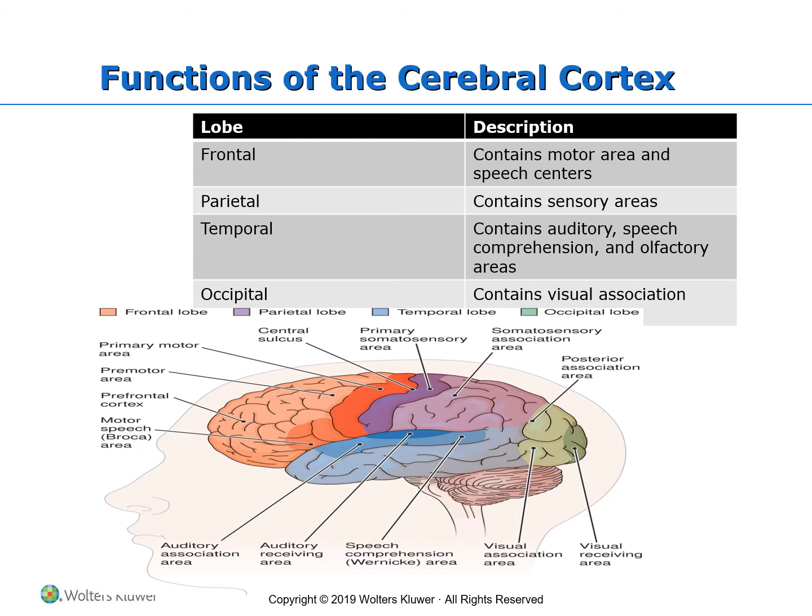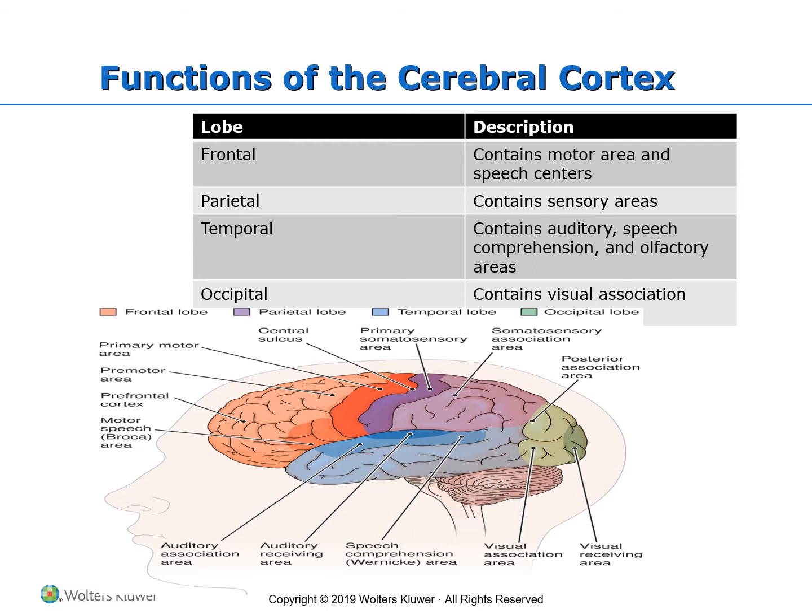We are moving now into the purple area on your image, and that's the parietal lobe. If you remember, the parietal lobe occupies the superior part of each hemisphere, corresponds to the parietal bone, and lies posterior to the central sulcus.